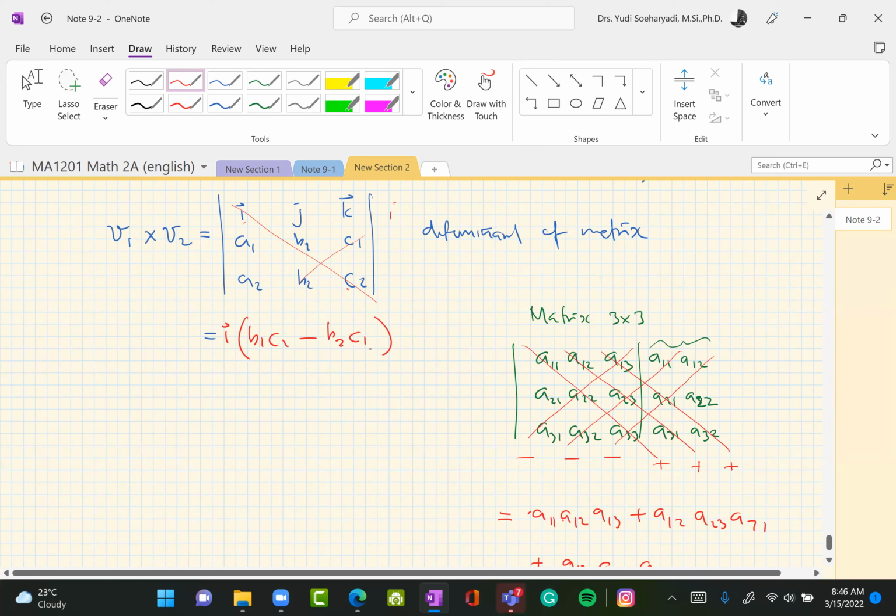There we go. And J is A2, C1 minus, going this way, A1, C2.